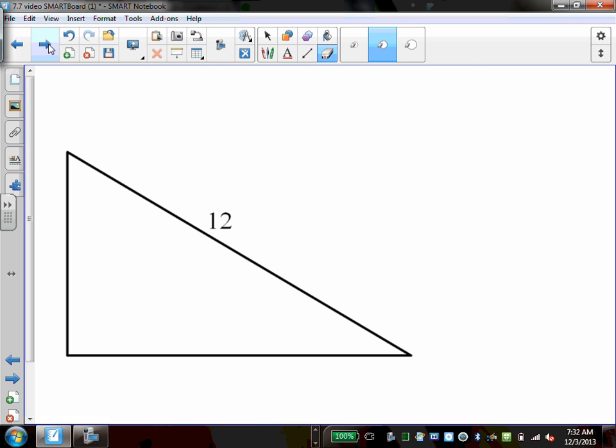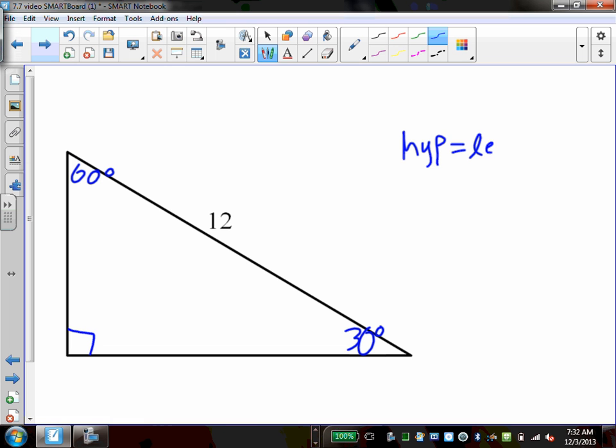So let's turn this one into a 30, 60, 90 triangle. We'll say this is a 30-degree angle over here. And the hypotenuse. Well, one of the formulas that we have for 30, 60, 90 triangles is involving the hypotenuse. One of them is hypotenuse equals short leg times 2.